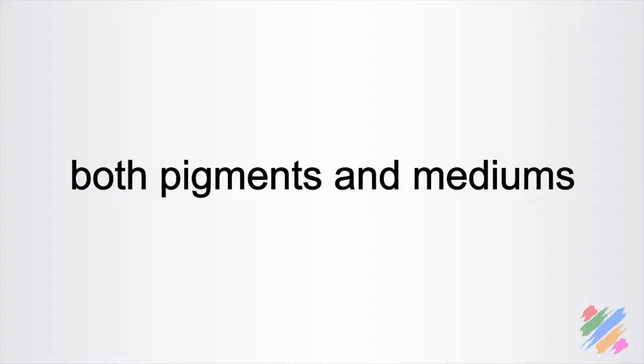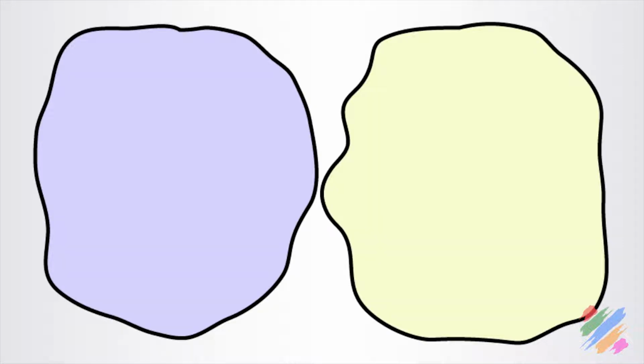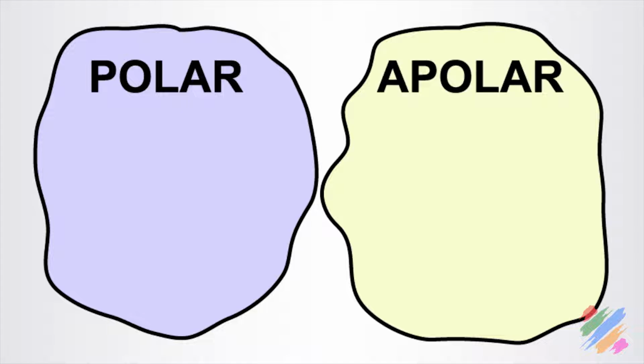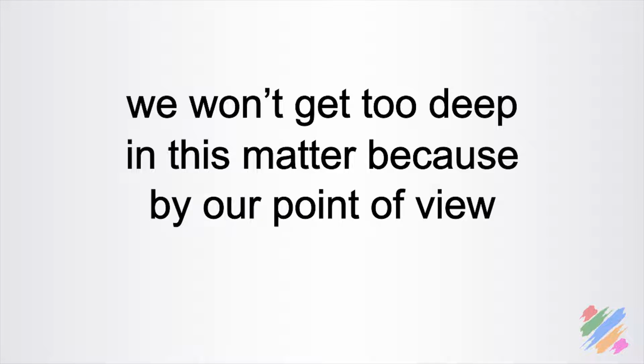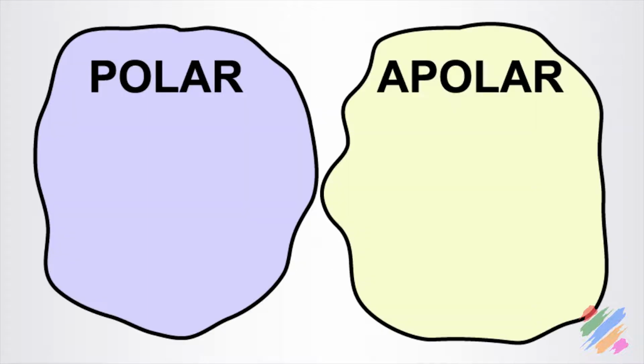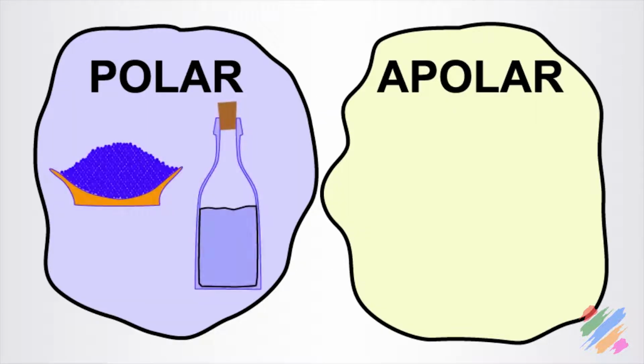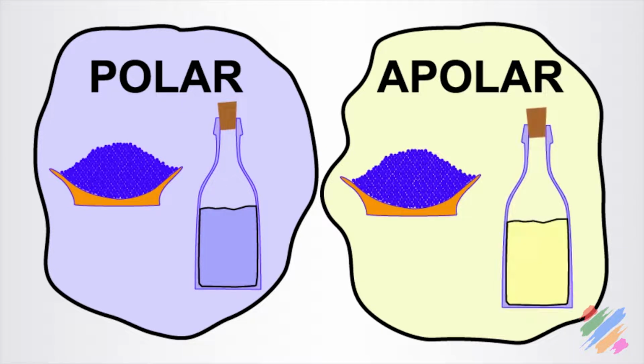Both pigments and mediums can be divided into two families: the polar and the apolar family. We won't get too deep into this matter because, from our point of view, it's enough to know that we can find pigments and mediums that belong to the polar family and pigments and mediums that belong to the apolar family.